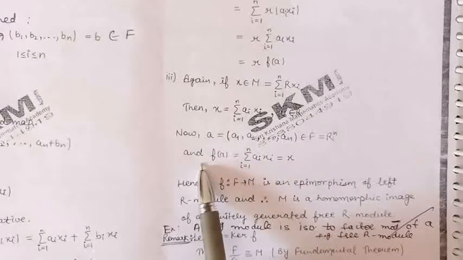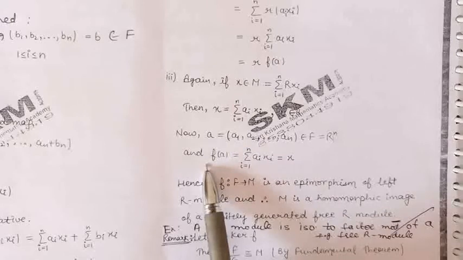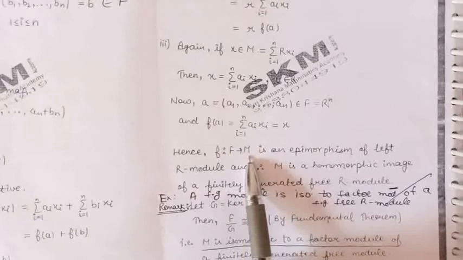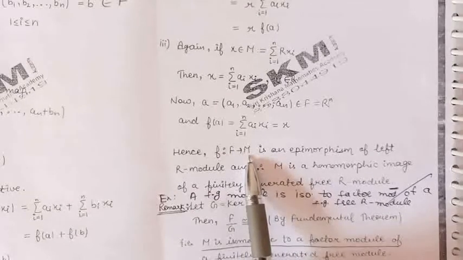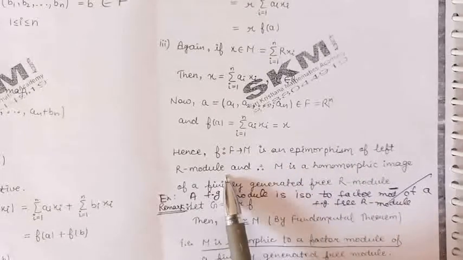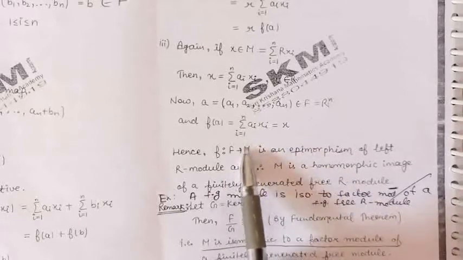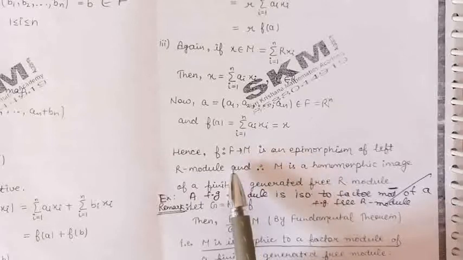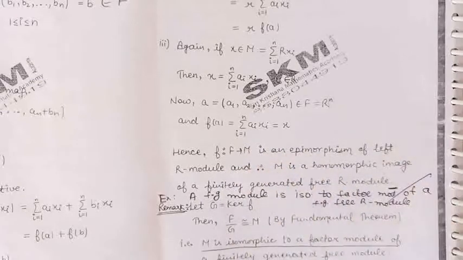So this proves that f is onto. So the mapping f from F into M is an epimorphism of left R modules. So we can see that this M is a homomorphic image of a finitely generated free R module.